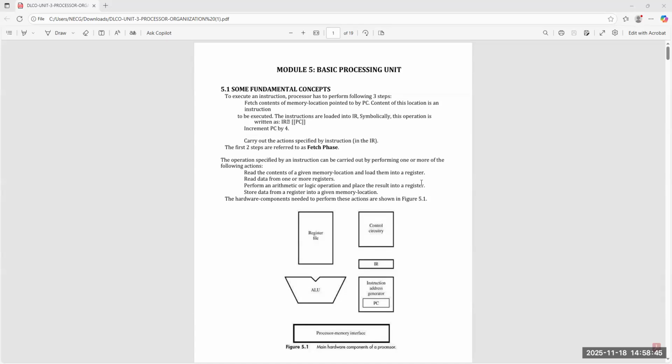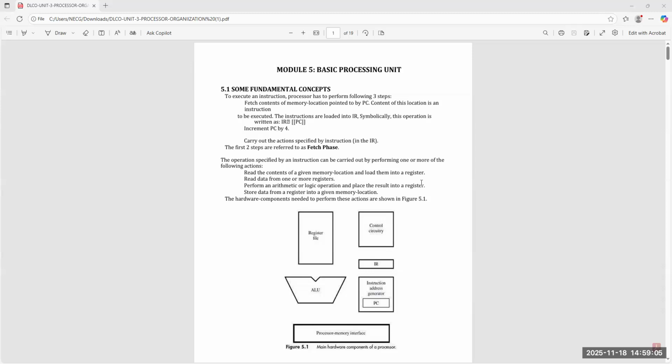Already, I have discussed the basic functional units of computer systems in earlier classes. It is categorized majorly into three parts.